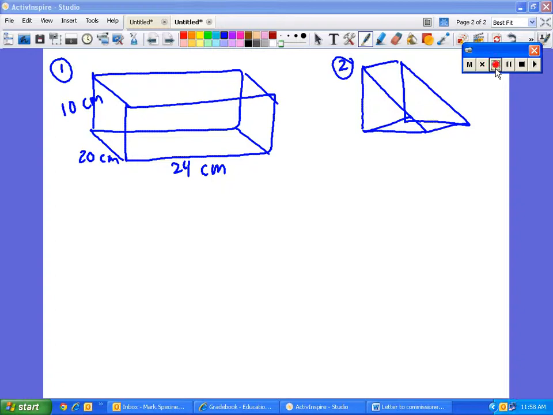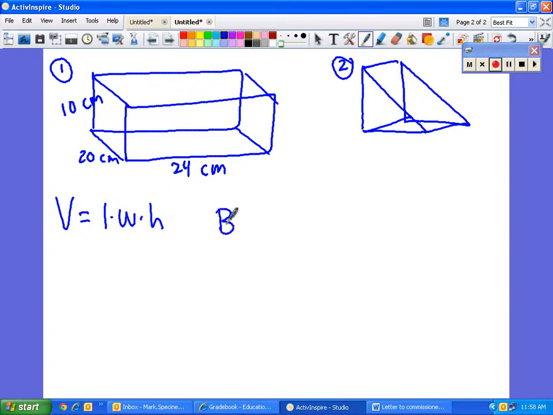How many numbers do they give us in the problem? 3. So how do we find the volume of a prism? You see the 3 numbers that are there? You multiply them together. The volume is equal to length times width times height.